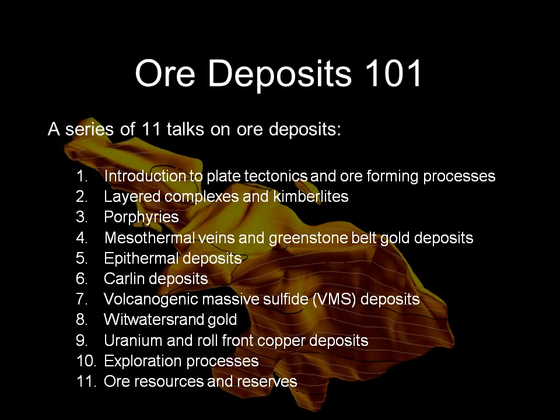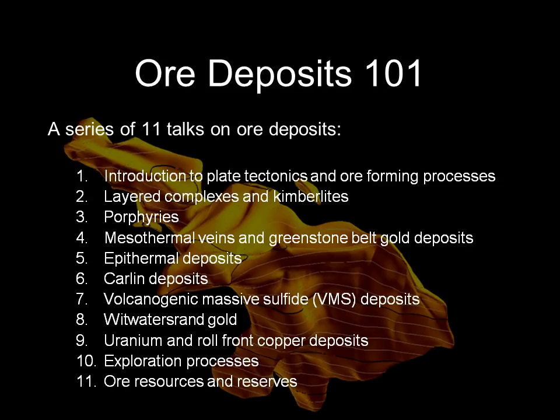The third talk will focus on porphyry deposits, those massive but low-grade deposits of copper, molybdenum, and gold that rim the Pacific Ocean. We'll also briefly discuss iron oxide copper-gold deposits, or IOCGs, in this talk, such as the giant Olympic Dam deposit in South Australia.